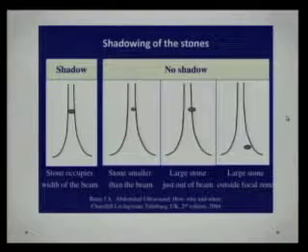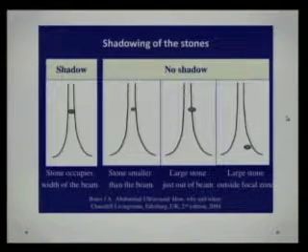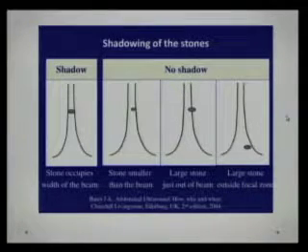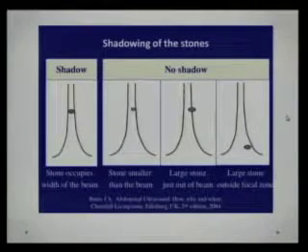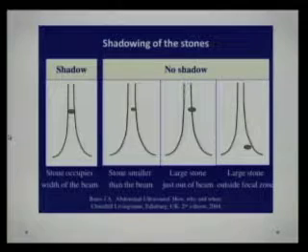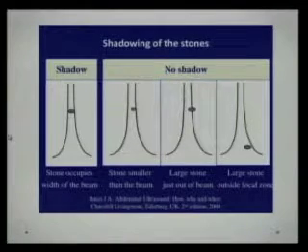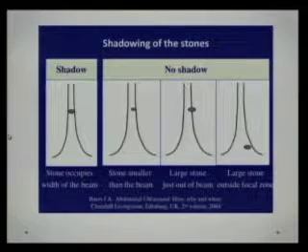This is a little bit about physics that tells you why some stones may shadow more than others. That depends on the location of the stone relative to the ultrasound beam. When the stone occupies the center of the width of the beam, meaning our probe is right on top of the center of the stone, you will get a definite shadow.